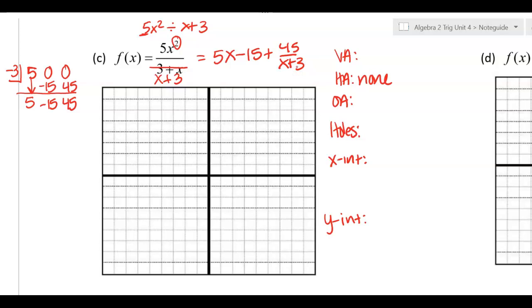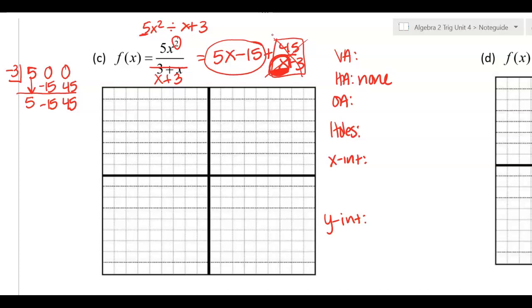So for your oblique asymptote, what we do is we use this answer, but we don't use the remainder. Because remember, oblique asymptotes are for end behavior, and ends of the function happen when you're plugging in really large numbers here. If you plug in a really large number for x, think about like 1,000,000, then this fraction is 45 divided by 1,000,003, which is a very, very, very small number.